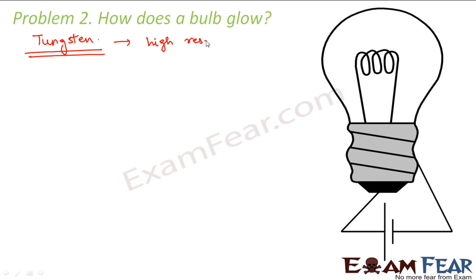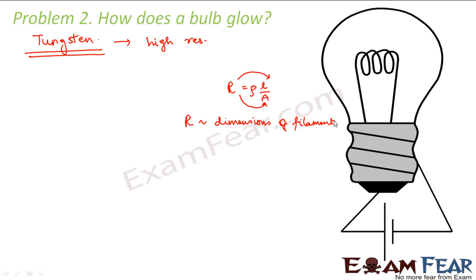How much resistance tungsten offers depends on its thickness, because, as I told you before, resistance is given by rho L by A. So resistance is dependent on the length and the cross-sectional area of the conductor, that is, on the dimensions of the filament. How thin the filament should be has to be determined very exactly, because the thickness of the filament will determine how much resistance it offers to the current flow.